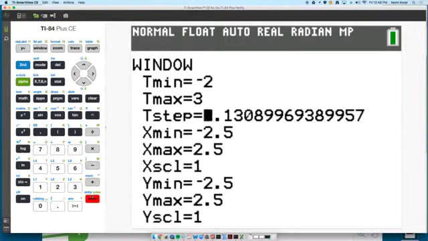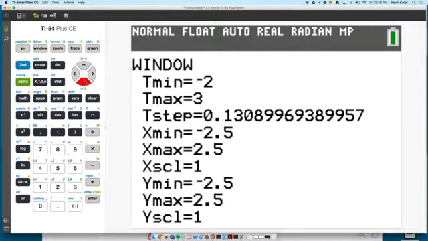It's how often you want your calculator to compute a coordinate xy so that it can plot it before it connects the dots. If you put your T-step at the default, which looks like 0.13, it's going to compute a new xy value every 1/1300th of a unit, plot it, and connect the dot. So let's just see what that looks like.